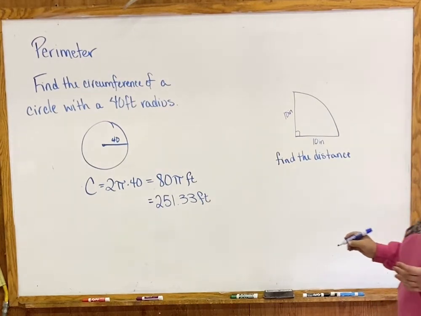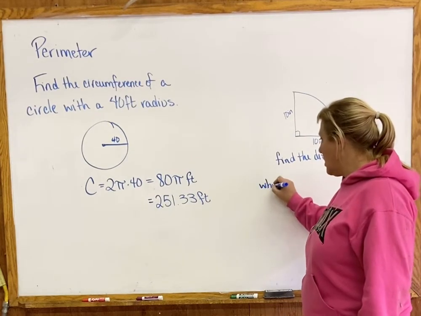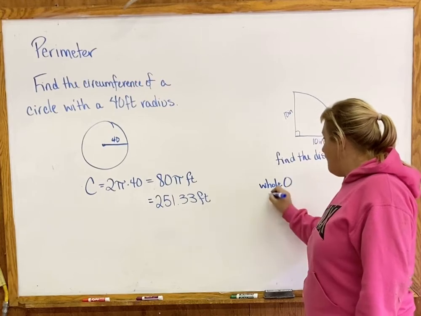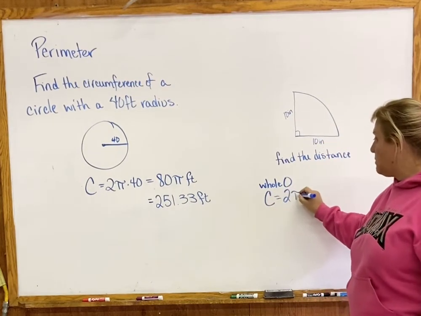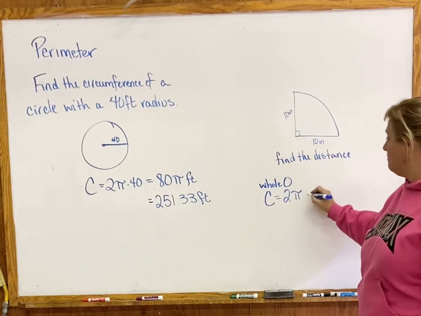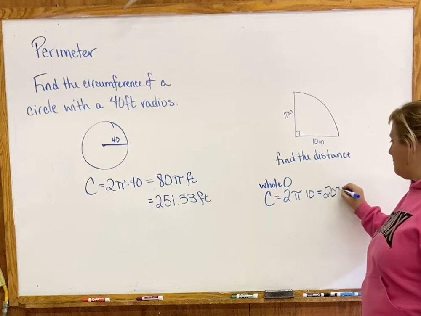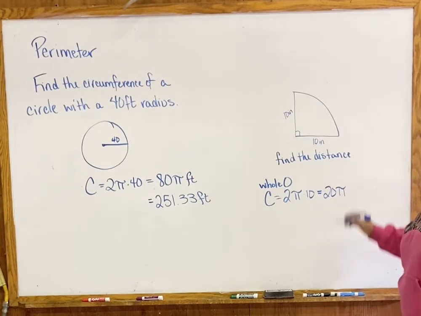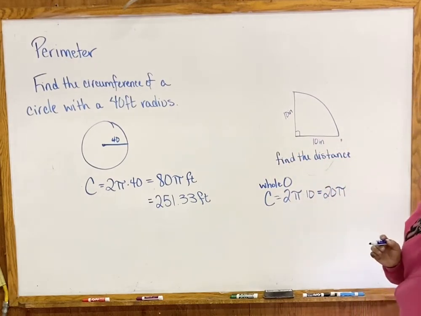So we could find the circumference of the whole circle, okay? So let's look at a whole circle. The circumference would be 2 times pi, and then isn't that the radius again? So this would be 20 pi. Okay, but that is if we were looking at the whole circle going all the way around.